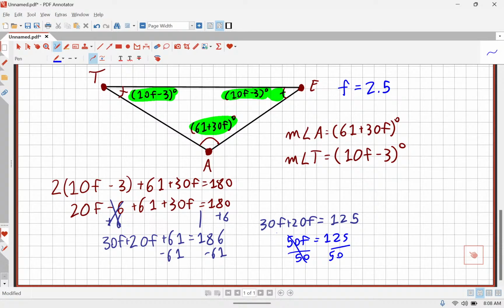Carol, now that I know that f is 2.5, what am I going to actually do to find the measure of these other angles? Sorry, guys, I can't hear Carol. Yeah, which one? I like that too, because then you get 2 angles, right? So if you do 10 times 2.5 minus 3, that's 22, isn't it?